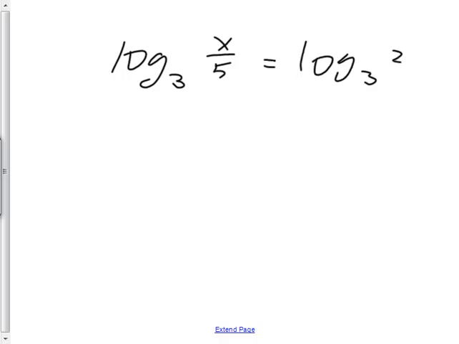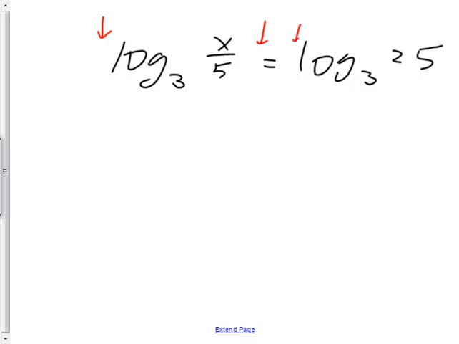Log base 3 of x over 5 is equal to log base 3 of 25. Any thoughts? Logs cancel, yes. When it's down to just a plain log base something of something, there's no extra junk, and the same thing on the other side.